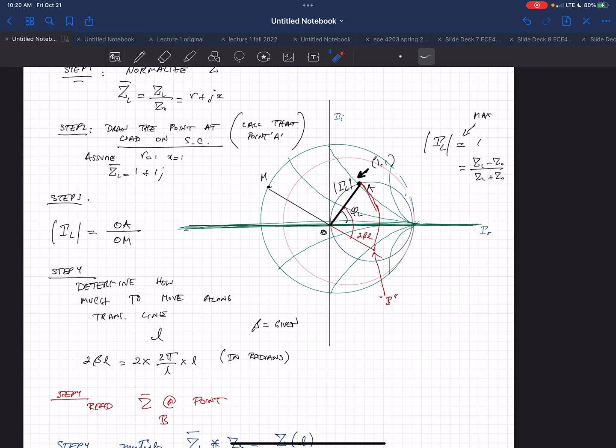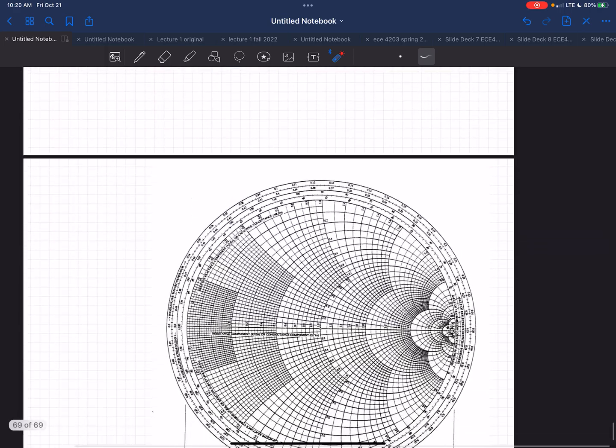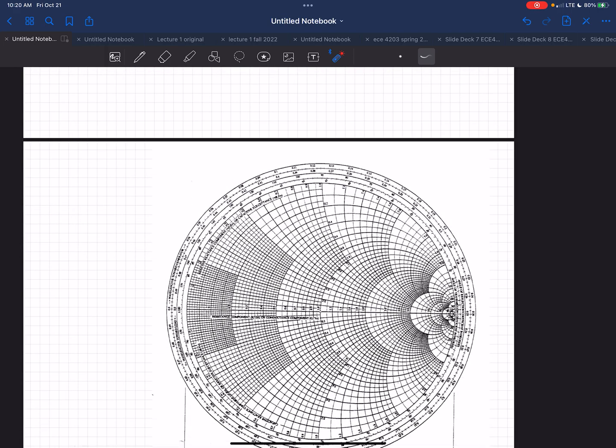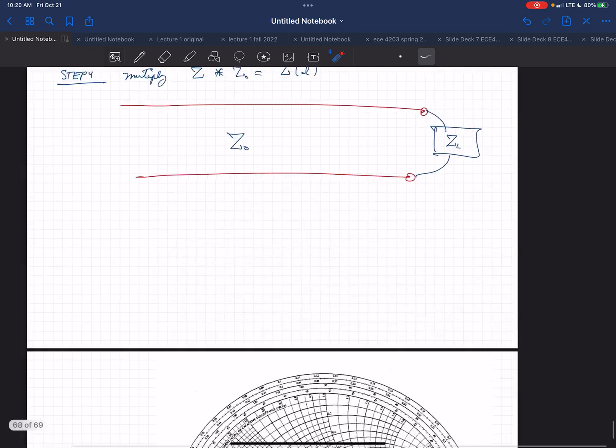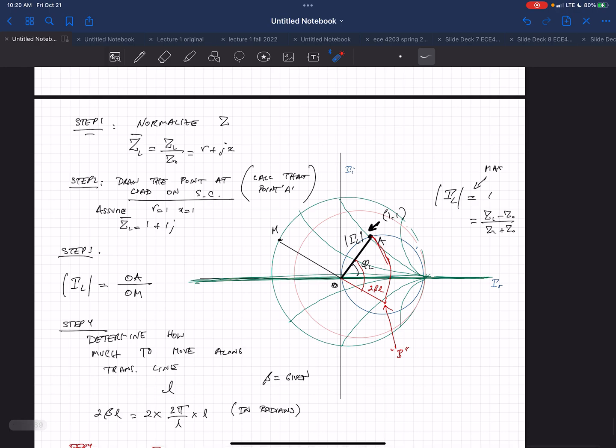These are weird concepts. So again, just remember this is a graphical tool. What I'm about to say next has no physical correspondence. This wavelength towards generator is just something that is going to help us get from point A to point B. It's a drawing tool.